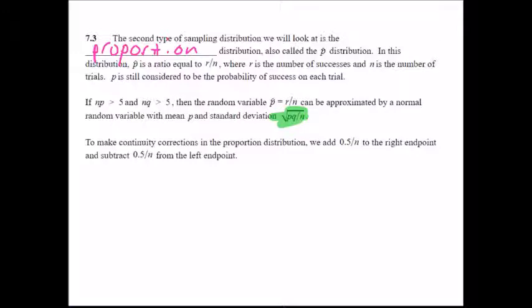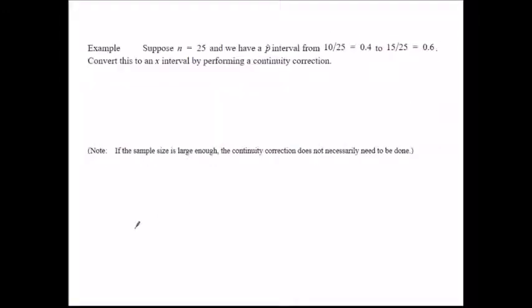So here's an example of that. Suppose the number of trials is 25. We know the p hat interval is from 10 over 25, which is 0.4, to 15 over 25, which is 0.6. To convert this to an x interval by performing continuity correction, we're going to take 0.5.